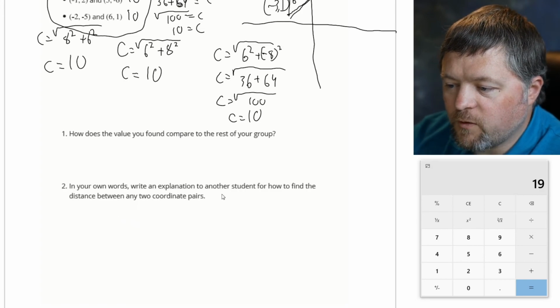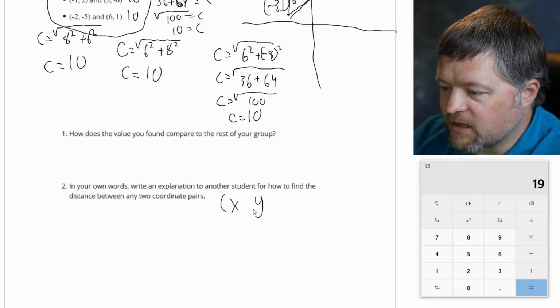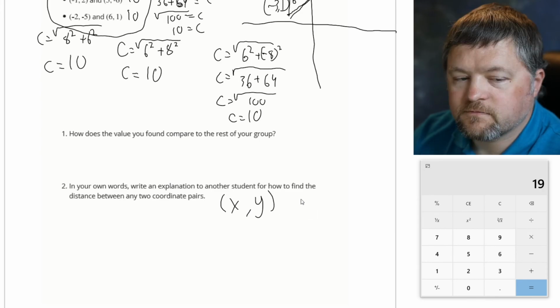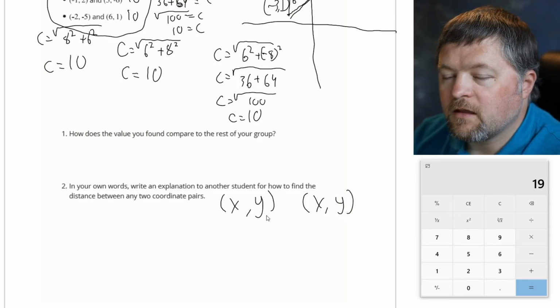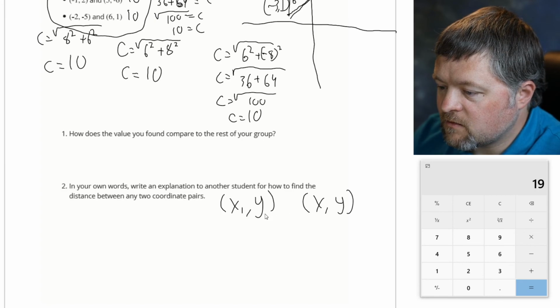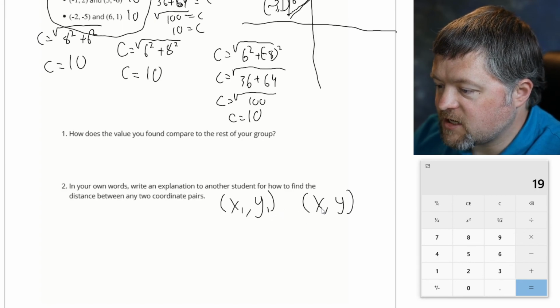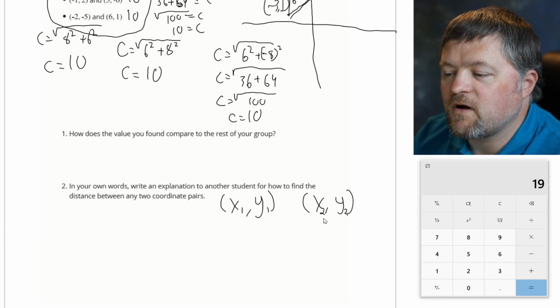So if we have 2 points, each point is an x and y value. Now, you might recognize this from our slope formula. Let's call those our first x values, and those our second x value, or second x and y value.